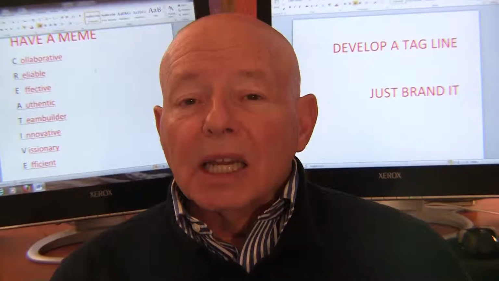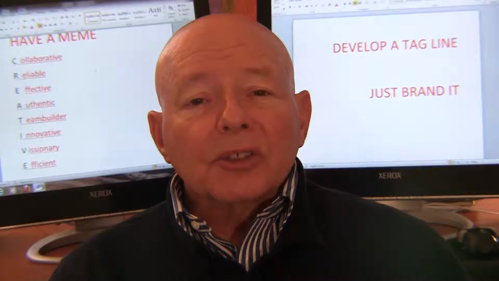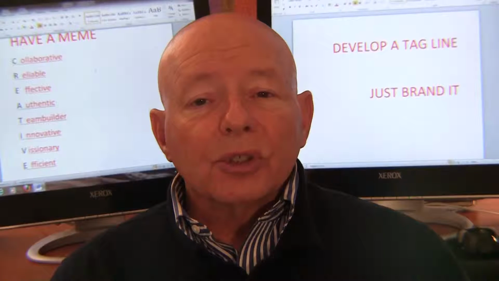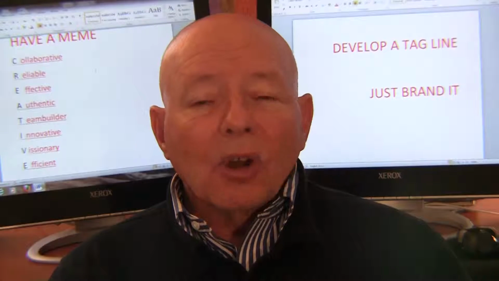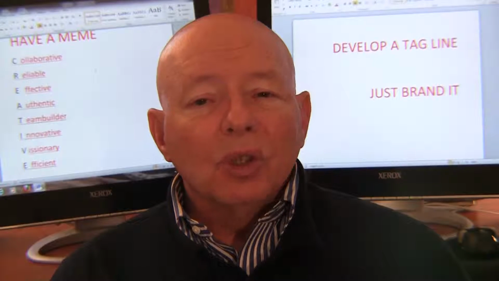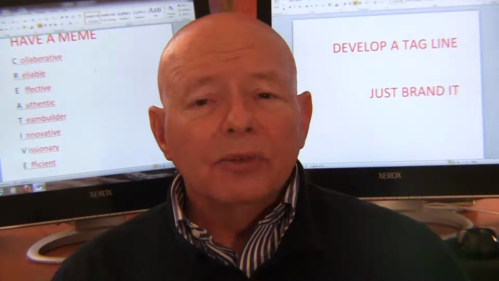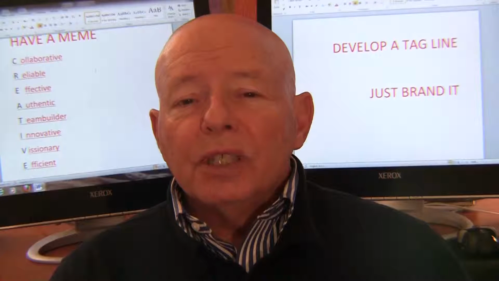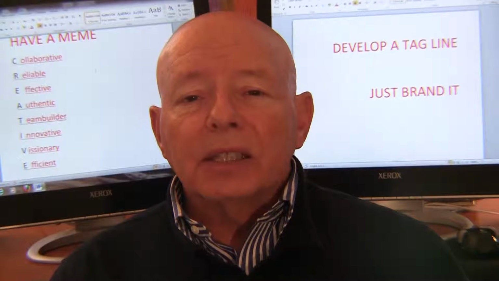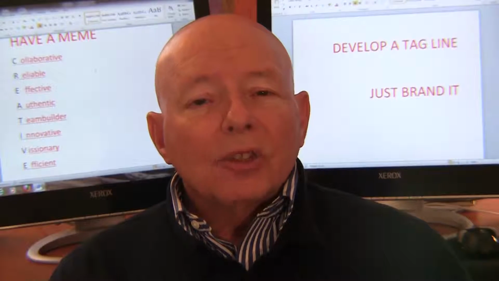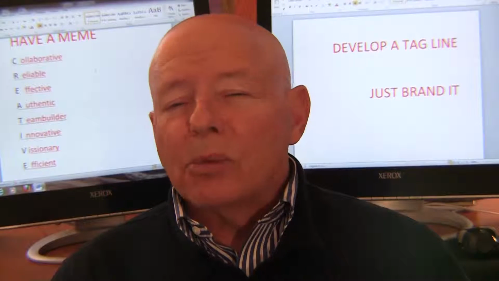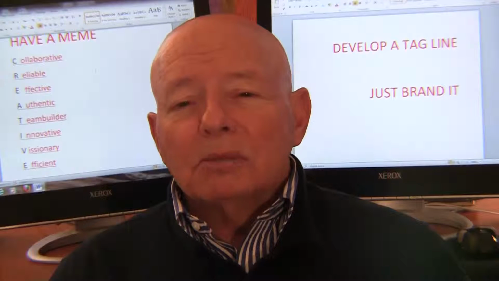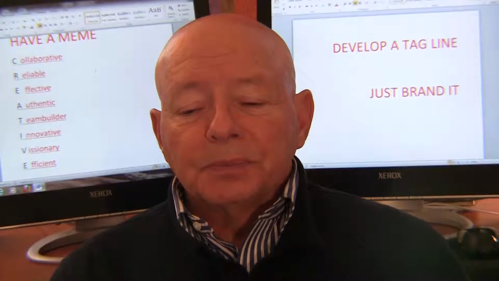So the first is collaborative, the second is reliable, the first E is effective, A is authentic, T is team builder, I is innovative, V is visionary, and the second E is efficient. So that's a meme that kind of people can think of me about, and perhaps they'll remember some of the words, perhaps not, but I think it's good to have one.